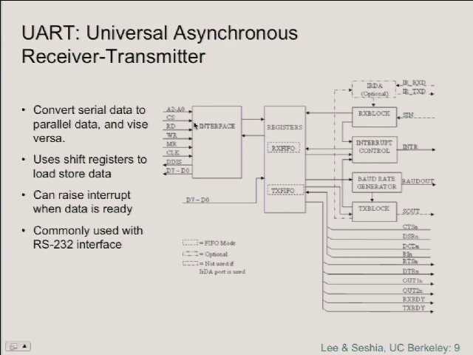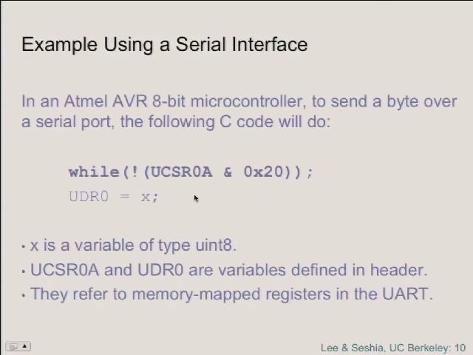So in this Atmel AVR 8-bit microcontroller, we can send a byte over the serial port using C code like this. This is one of these addresses that is defined in a header file somewhere, but it's just a memory mapped register. So what is this doing?